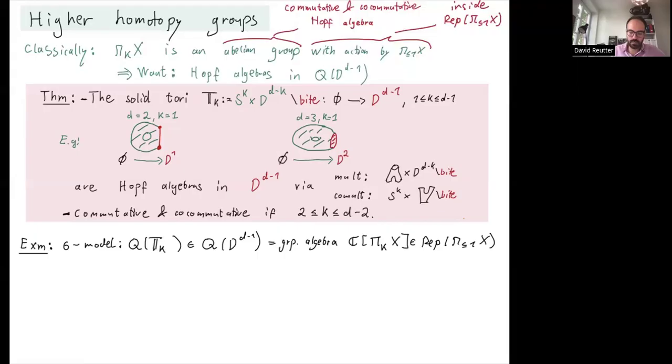I might have cheated because the pair of pants, that's right. k has to be larger or equal to 2 to make sure that this Hopf algebra is co-commutative, because if k is equal to 1, then here you would have the D minus 1. And I think this wouldn't be compatible with the bulk structure anymore. So maybe I have the case wrong here.